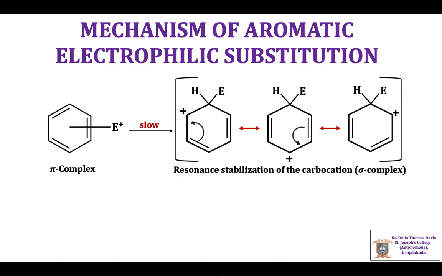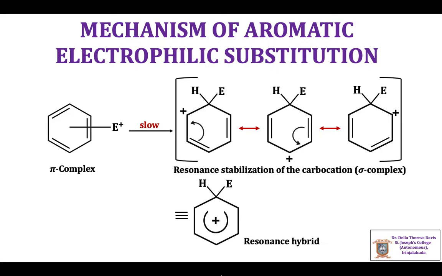The non-aromatic carbocation intermediate can be represented as this. The hybrid structure can be represented as shown here, with the positive charge delocalized across the 5 carbon atoms.